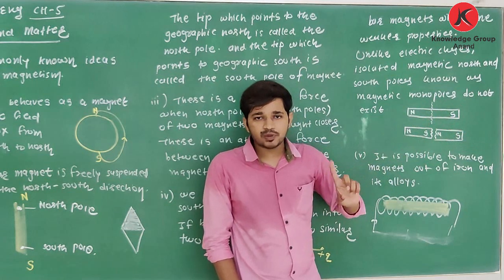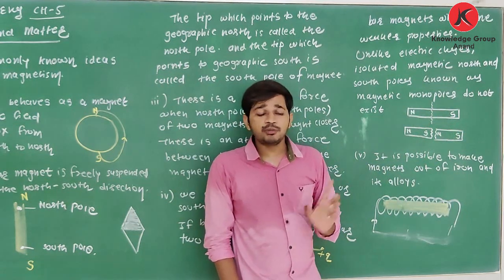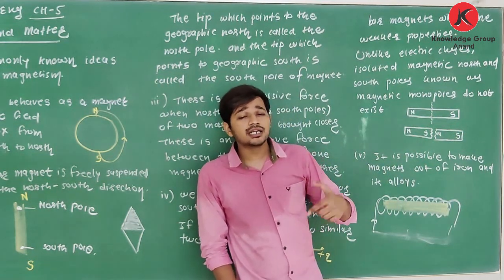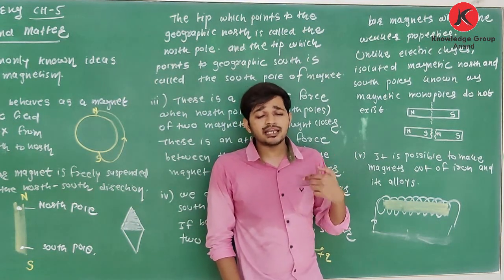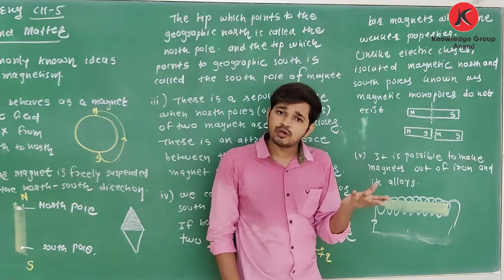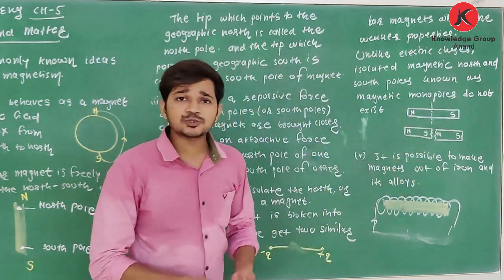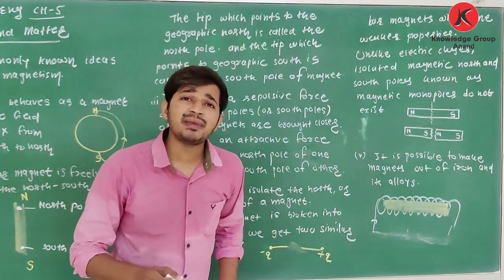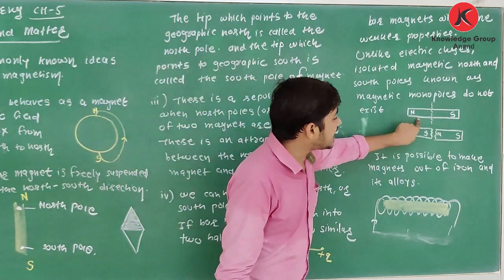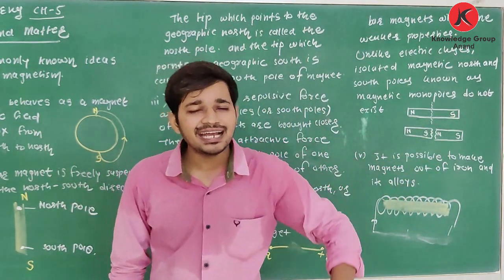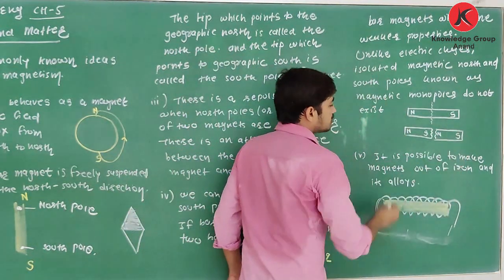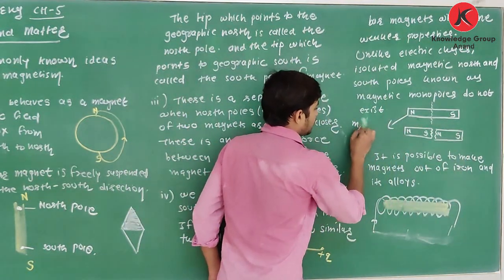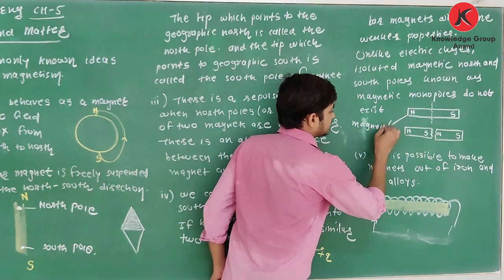And the solenoid. Bar magnet and solenoid, because a solenoid means a current carrying coil, and in the last chapter we proved that a current carrying coil behaves as a magnetic dipole. Yes, I can consider this magnet as a magnetic dipole. Why magnetic dipole? Each and every magnet has two poles, north pole and south pole.